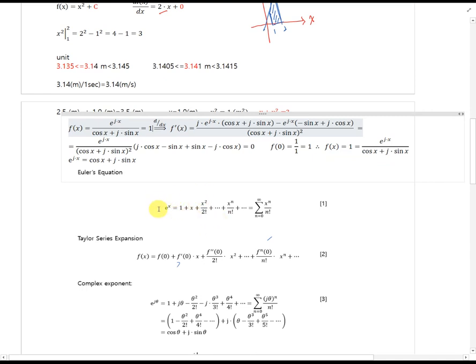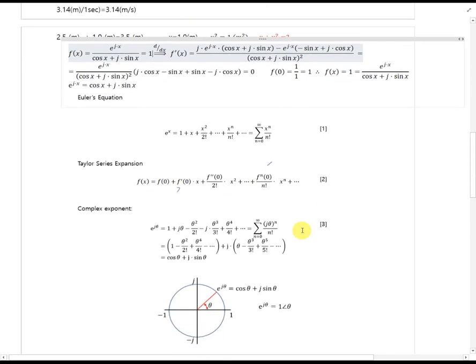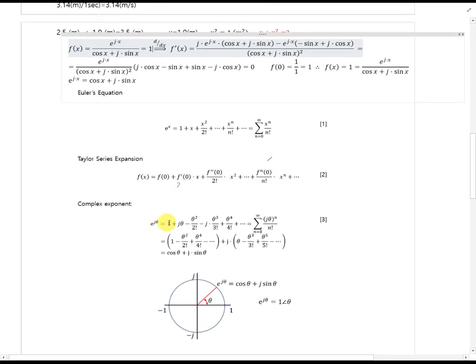If we take the Taylor series expansion, e to the x is given like that, and the Taylor series is defined like this. When e to the jx is expanded that way and you separate the real part and the imaginary part, two different polynomials are given.